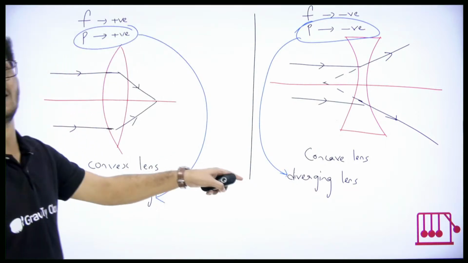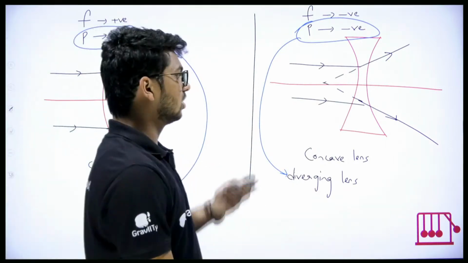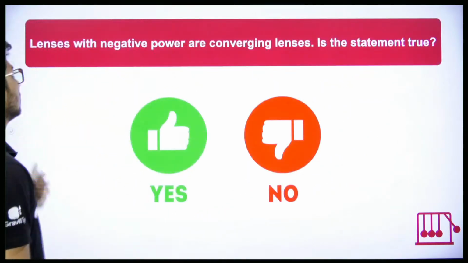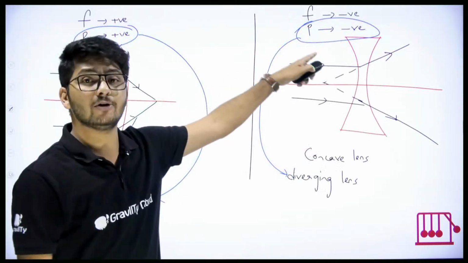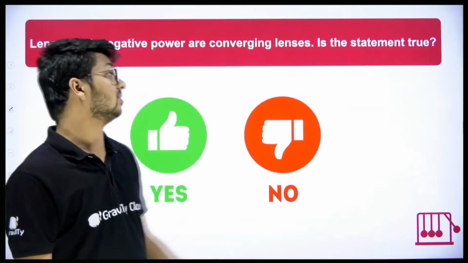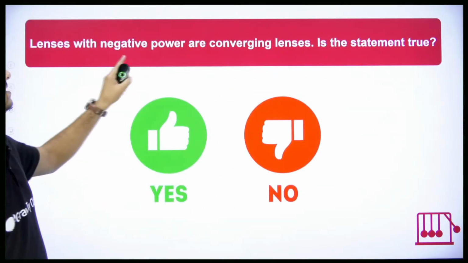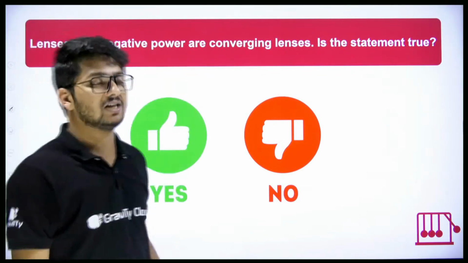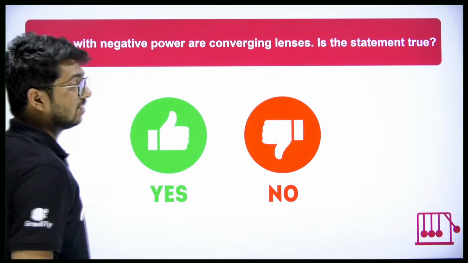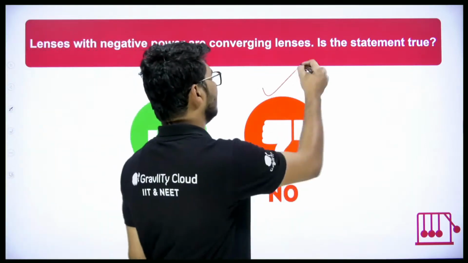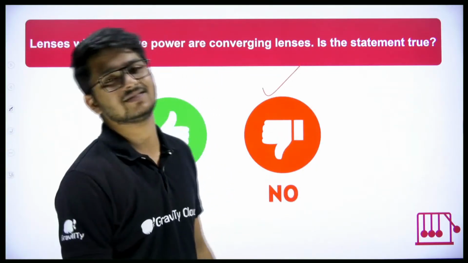Keeping this in mind, if I come back to the question, lenses with negative power are converging lenses. Is the statement true? No, the statement is false.